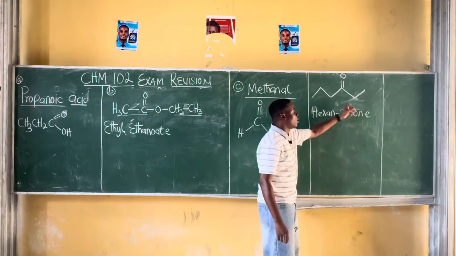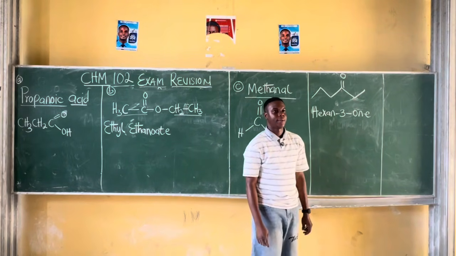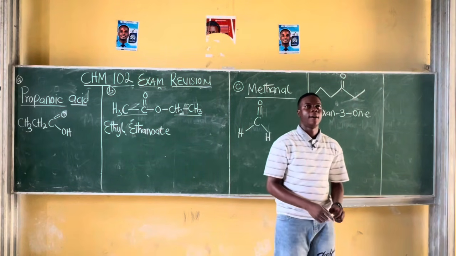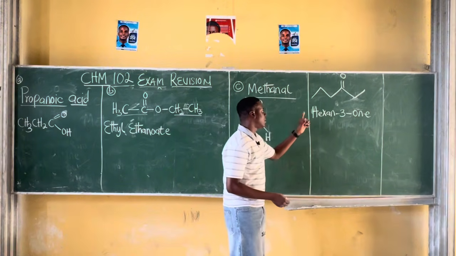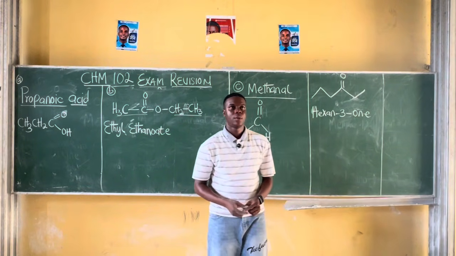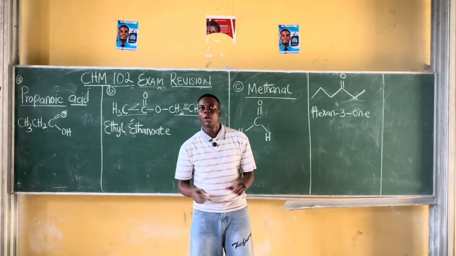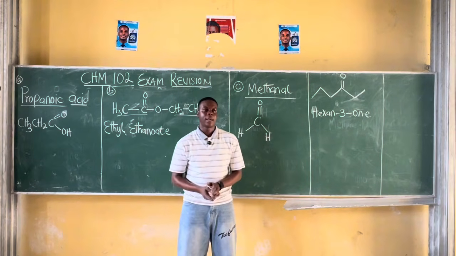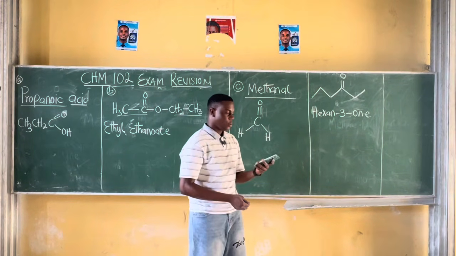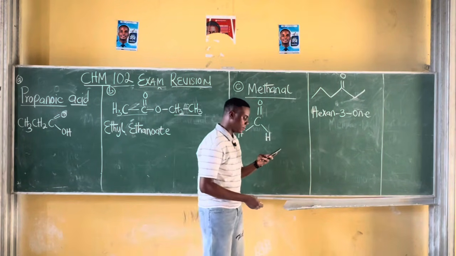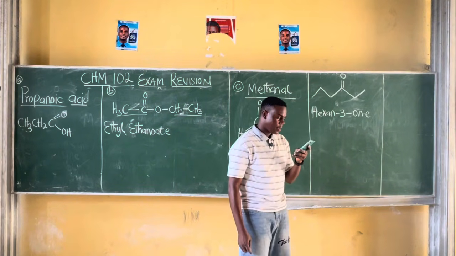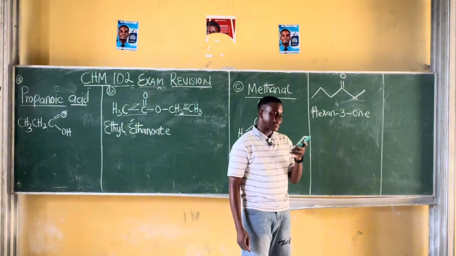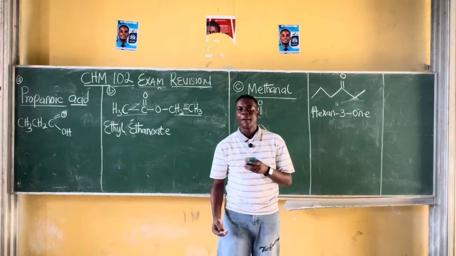So this is the name of this compound. That's how you name ketones. Do you understand that? Okay, so that is it. So we are finishing gradually. Is that the last one? Yes, that is the last one for number 5.